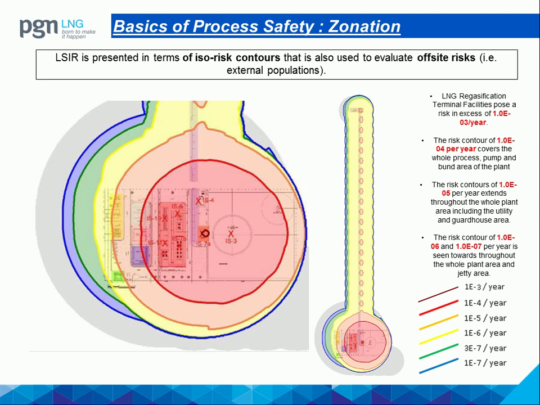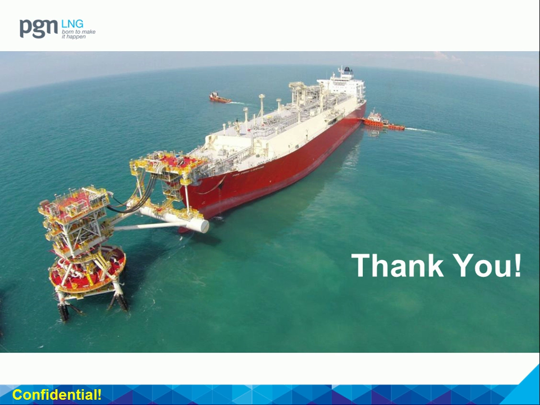What it means is that we need to avoid making a plant side by side with a school, church or mosque. In this case, based on these ISO risk contours, it should be more than 75 or 100 meters from the fence. So that's all about process safety risk.